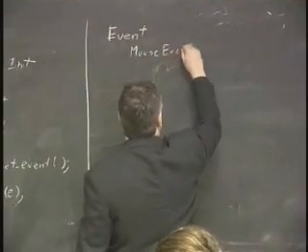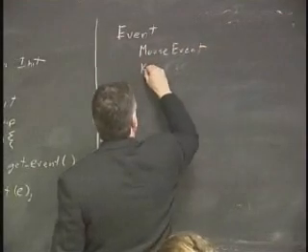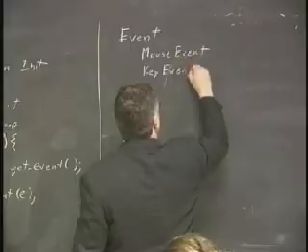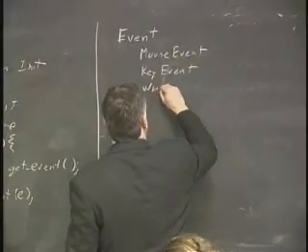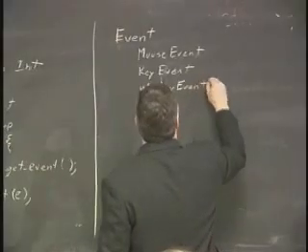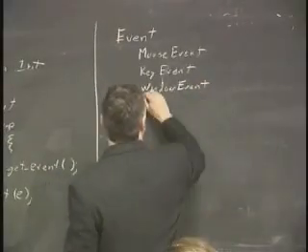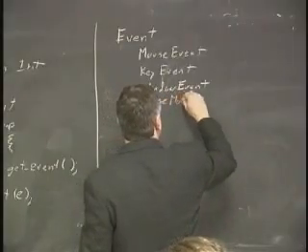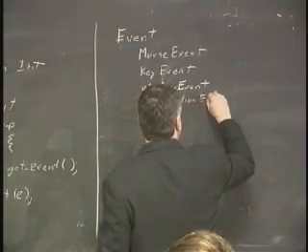So we have a mouse event class, which represents some things happening to the mouse. We have a key event class. We have a window event class. We have another one called the mouse motion event class.